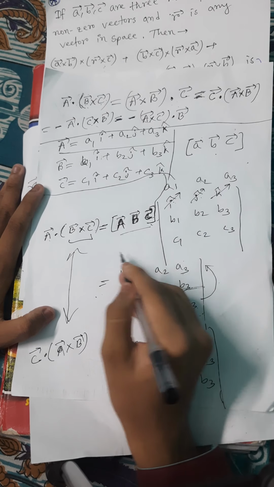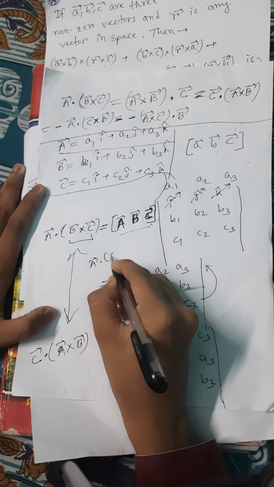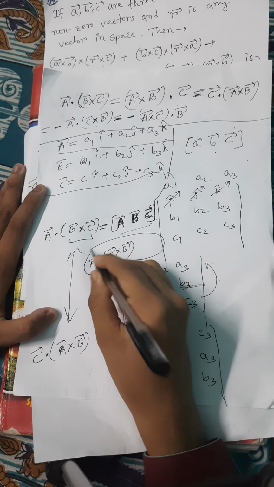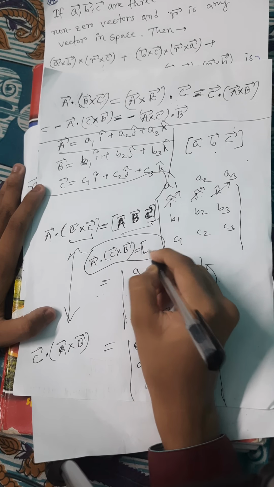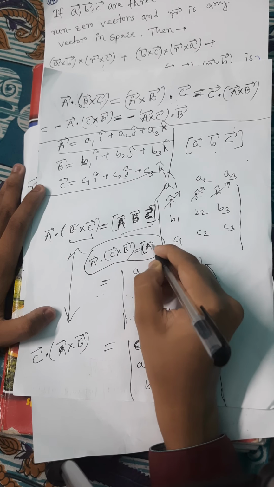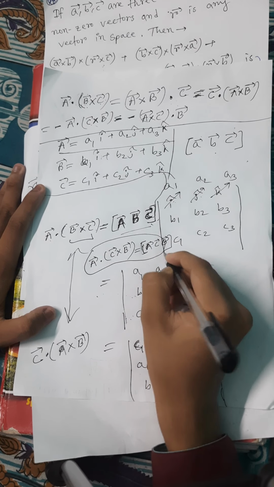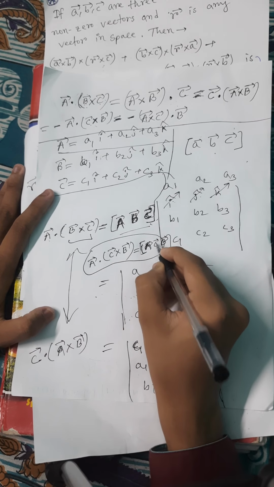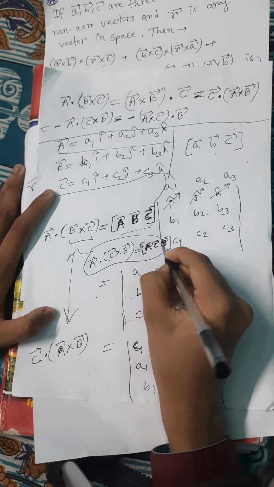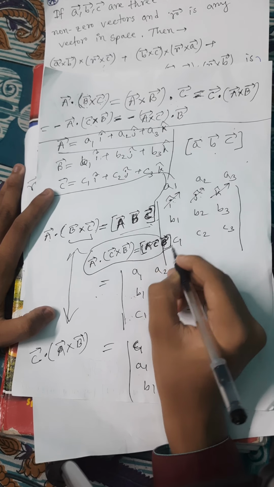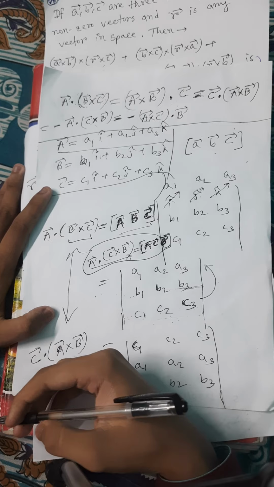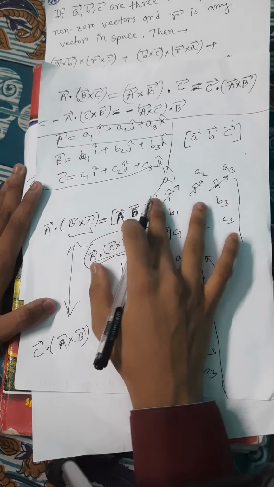When you write A dot C cross B, you write it as the bracket A, C, B. This is just a representation.